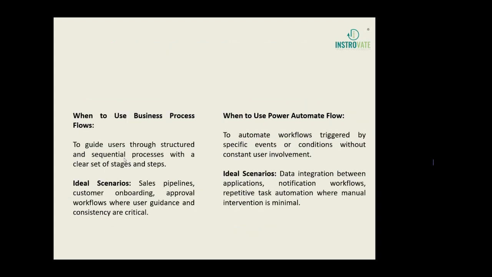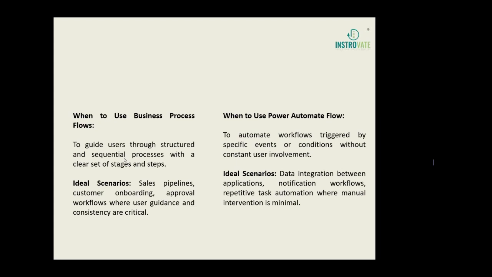Now let's move forward and see when to use business process flow and when to use Power Automate flow. To guide users through a structured and sequential process with a clear set of stages and steps, you can use a business process flow. Ideal scenarios can be sales pipelines, customer onboarding, and approval workflows where user guidance and consistency are critical.